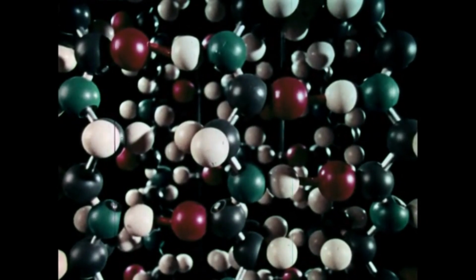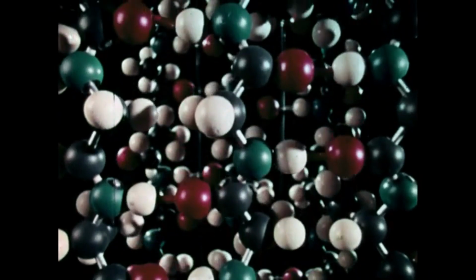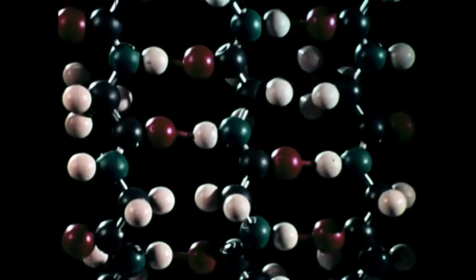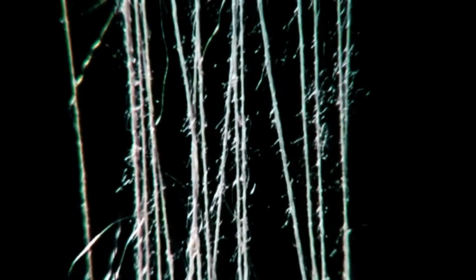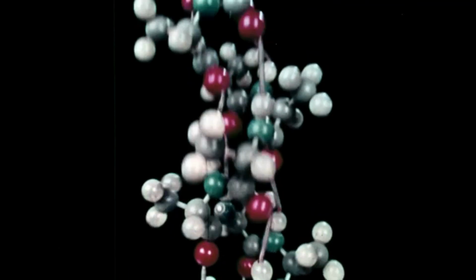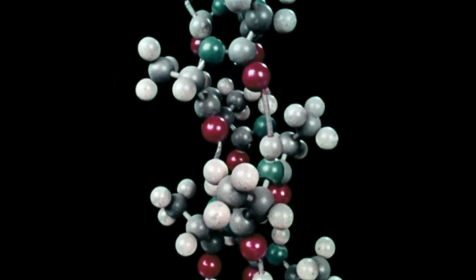These sheets will slip over one another, which gives silk its flexibility. However, the beta sheet will not stretch easily, because this would require pulling against the strong covalent bonds within the protein chains.